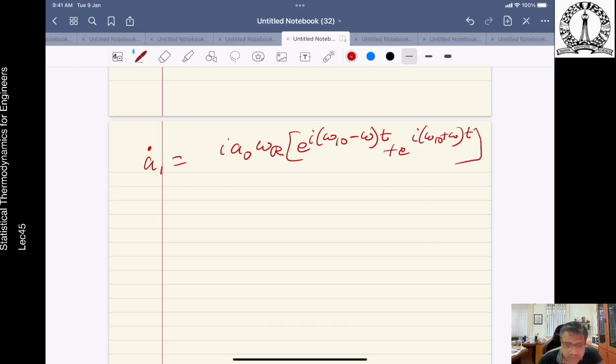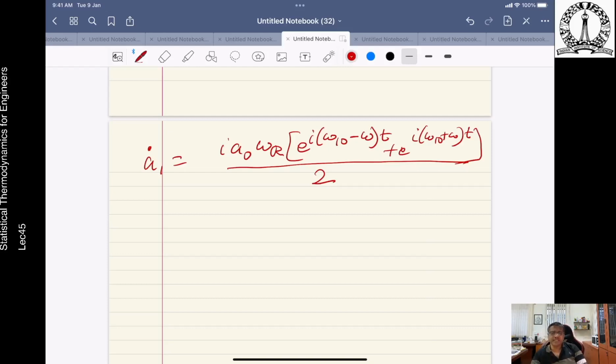So you close the bracket and then you divide it by 2. So the physical meaning of the Rabi frequency would be clear. These are the two equations, dA1 by dt and dA0 by dt.